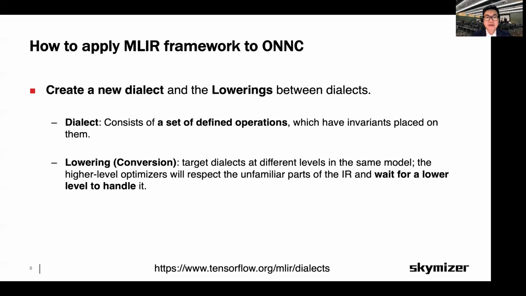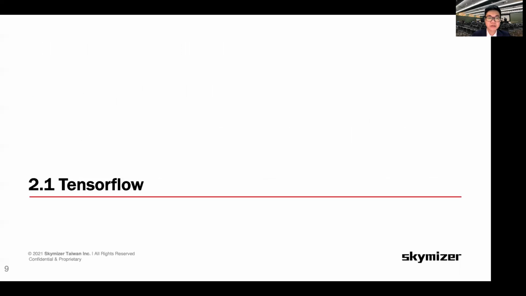So you can use a dialect to describe a kind of IR, like ONNX, like ONNC, or like TensorFlow. And when you want to convert one IR to another IR, you need to implement a lowering, which means a conversion between different dialects. So we use this approach to support TensorFlow.